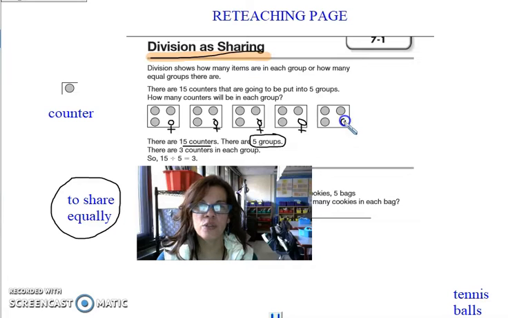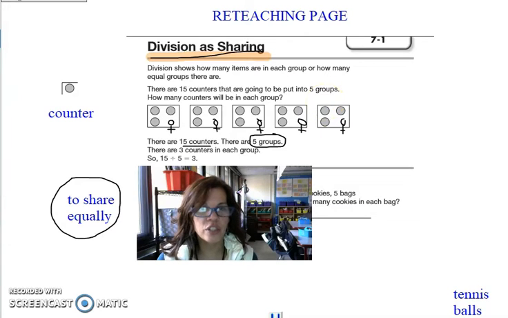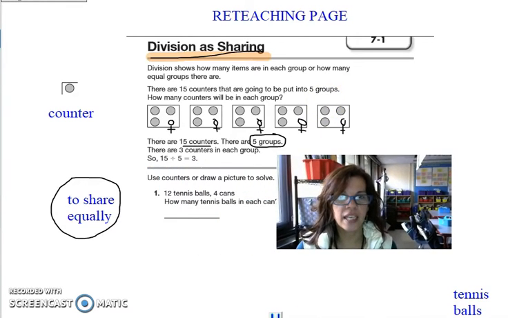You're breaking it up into 5 equal groups for each person. Now, they kept counting up to 15 until each group finally got, each person got 3. I'm going to show you another situation where we do that together.